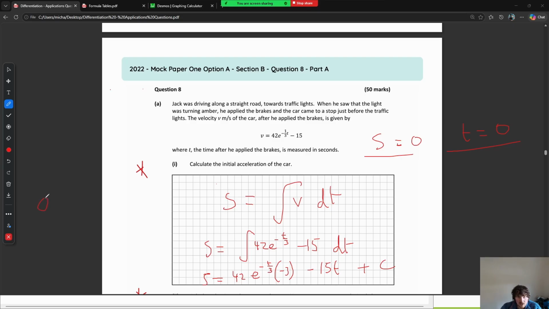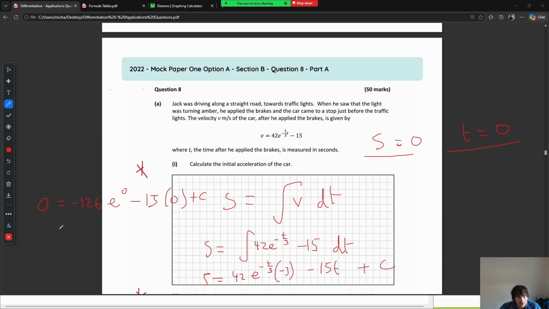So anyways, you set s is 0, and then you get 42. I'll multiply in by the minus 3 now. 42 by 3, so you're getting minus 126 here. Minus 126, and then it's e to the power of 0. That's going to be a 1. And then this is a minus 15 times 0 because t is 0. And then you have your plus c here.